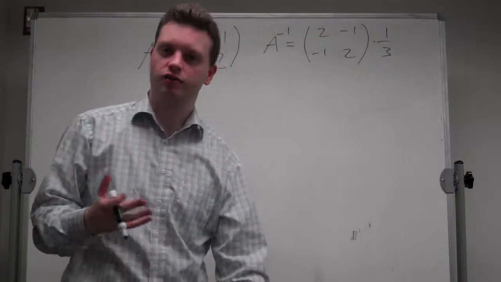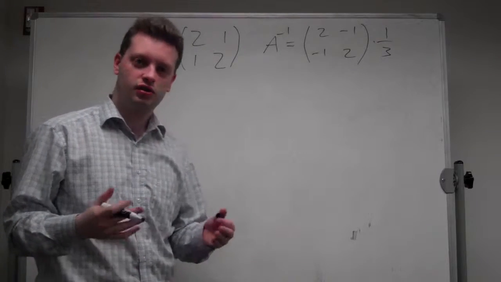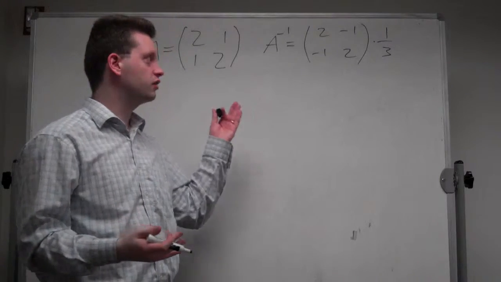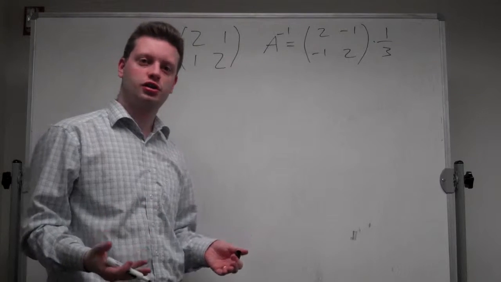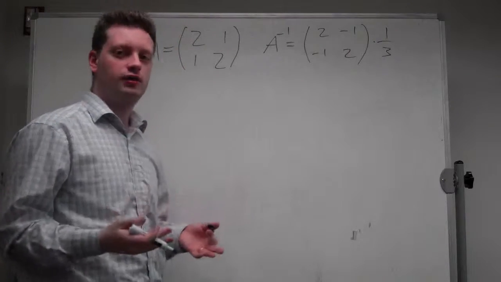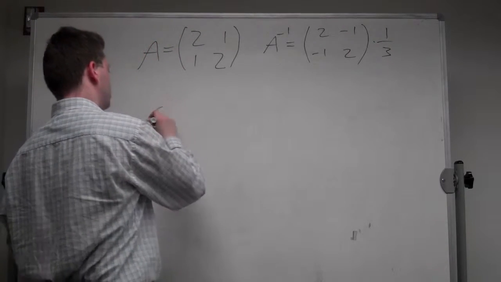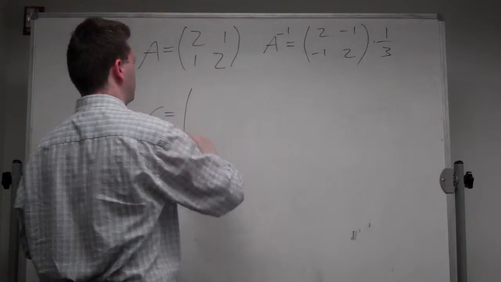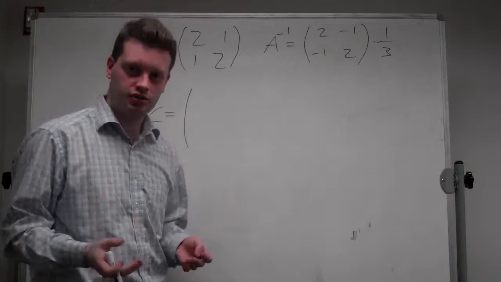However, we have not applied the method I mentioned in the beginning, so we haven't calculated the cofactor matrix or the adjugate. So let's do that. The cofactor matrix has special elements.